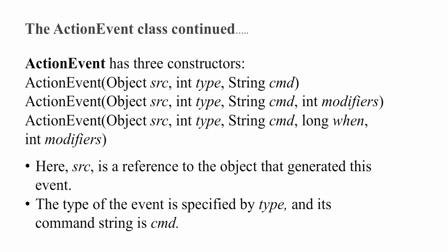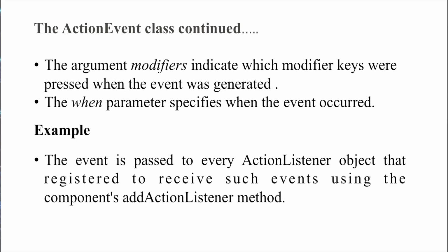There are other forms also of the constructor. Here we have the argument modifier, which indicates which keys were pressed when the event was generated. The when parameter specifies when the event occurred.